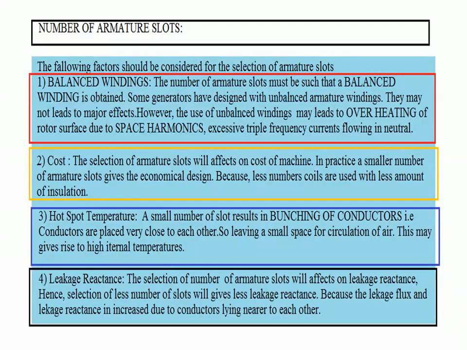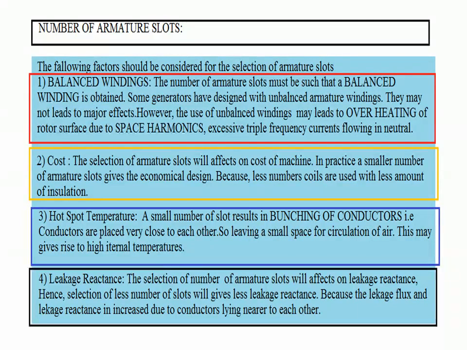Then leakage reactance, it is also one of the important factors. The selection of the number of armature slots will also affect the leakage reactance of the machine. Leakage reactance affects several cases. Hence, selection of the number of slots will give rise to less leakage reactance.